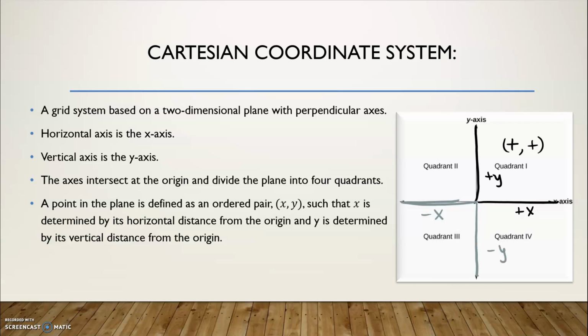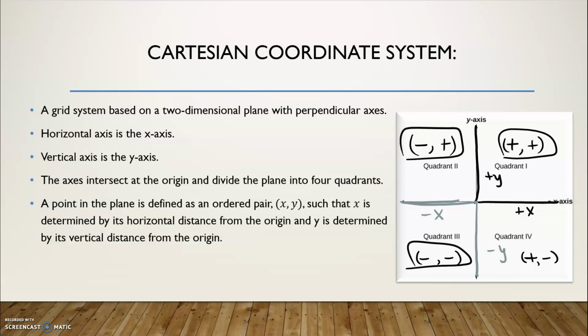So if I have a point in quadrant 2, this will be negative for the x and positive for the y. In quadrant 3, we'll have a negative x and a negative y. And for quadrant 4, we will have a positive x and a negative y. These will always be the case within these quadrants.